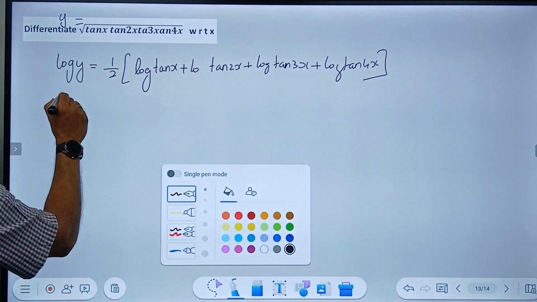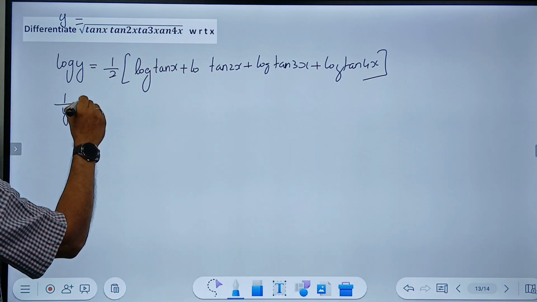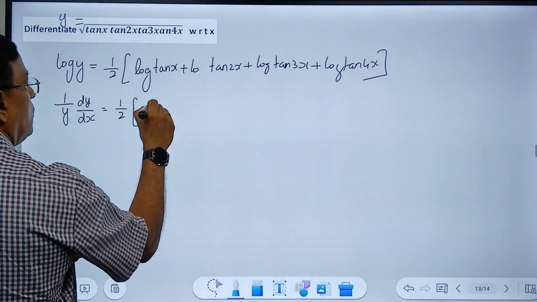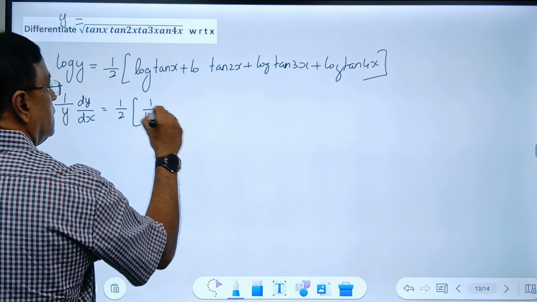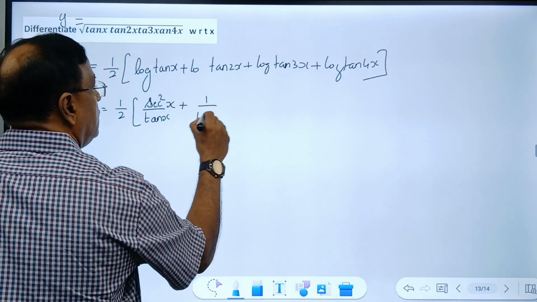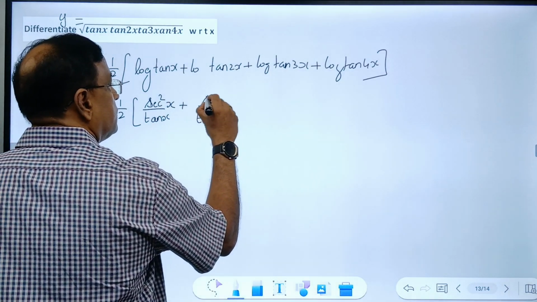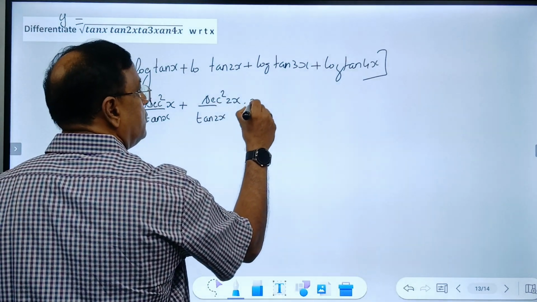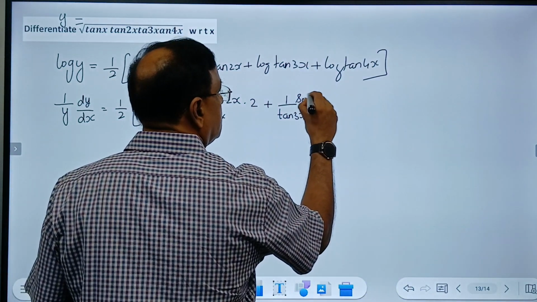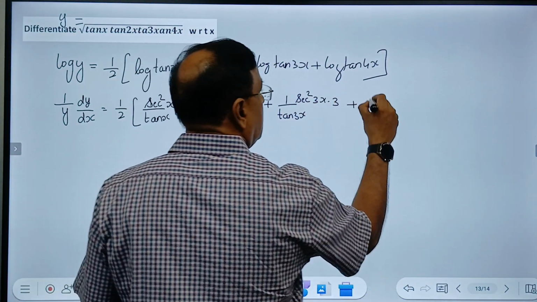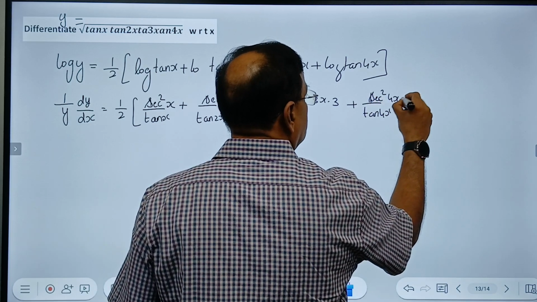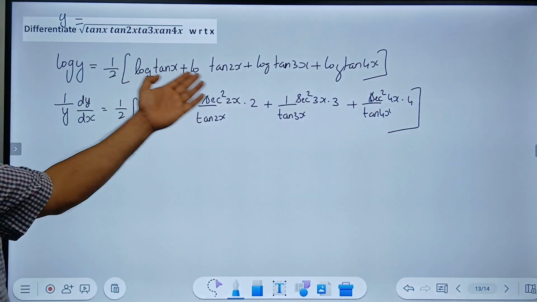Okay, now differentiation of log y will be 1 by y dy by dx equal to half into 1 by tan x into secant square x plus 1 by tan 2x into secant square 2x into 2 plus 1 by tan 3x into secant square 3x into 3 plus 1 by tan 4x into secant square 4x into 4. Very simple chain rule.